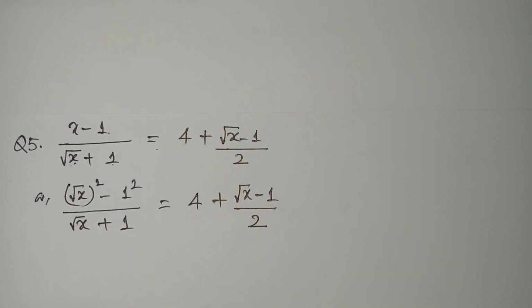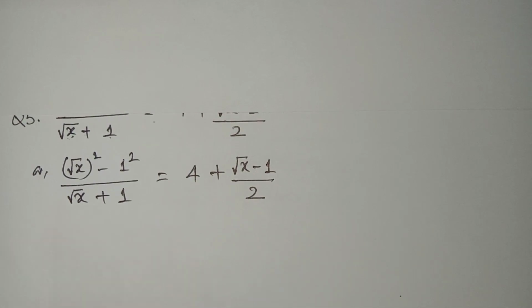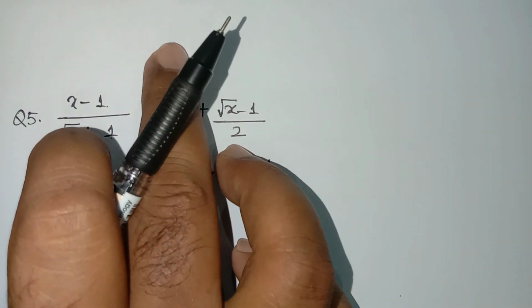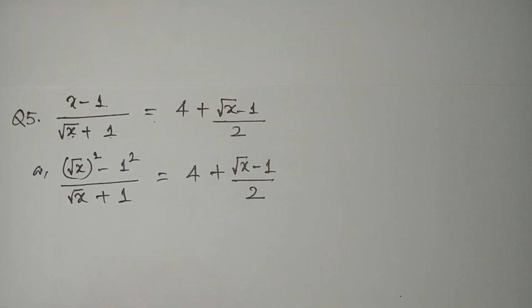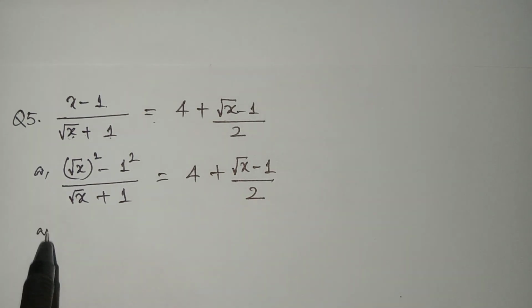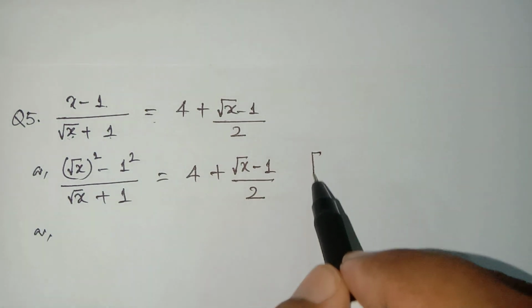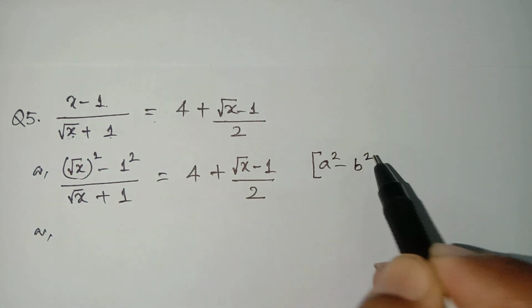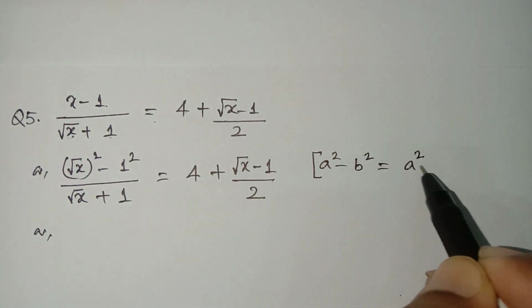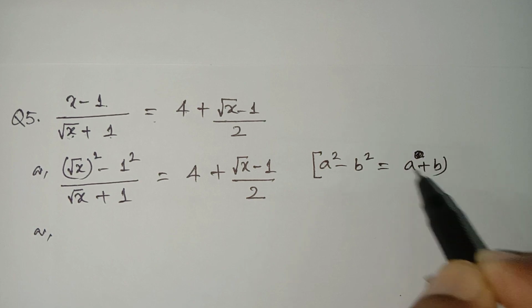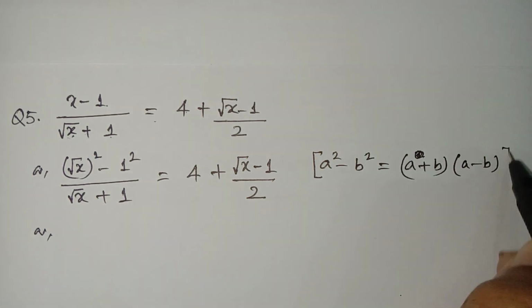In the next, comparing these two, a square minus b square, we get a plus b, a minus b.